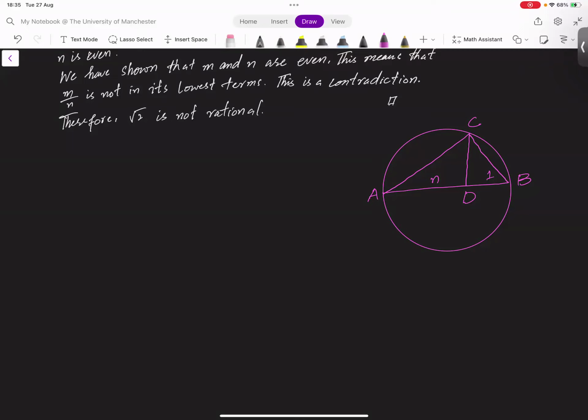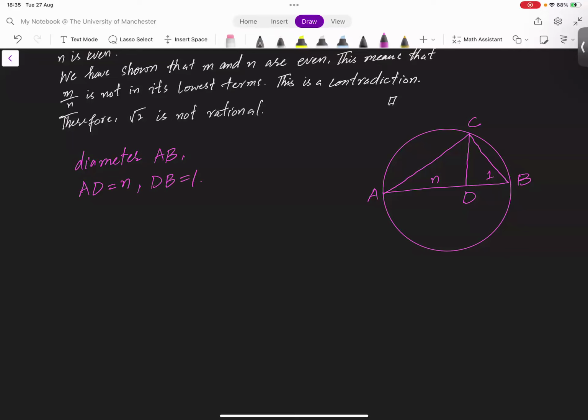Now, in this figure, we draw a circle with the diameter AB, and with a point D marked on it so that AD is n. So let's say AD is n and DB is 1.